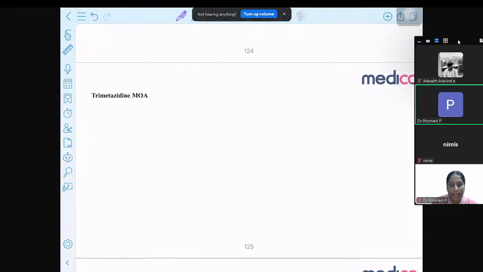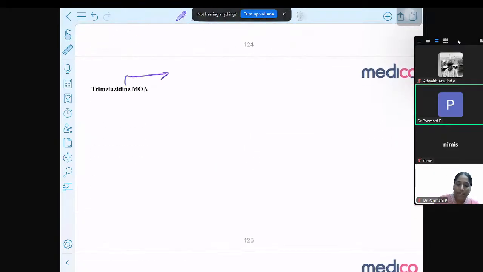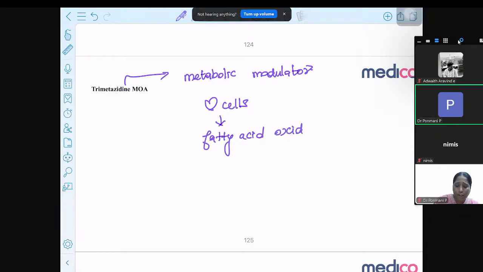How is trimetazidine going to work? It behaves like a metabolic modulator. Normally, cardiac cells use fatty acid oxidation to derive their energy, but when they use this, they need more oxygen and ATP. In angina, you need to decrease the energy use.